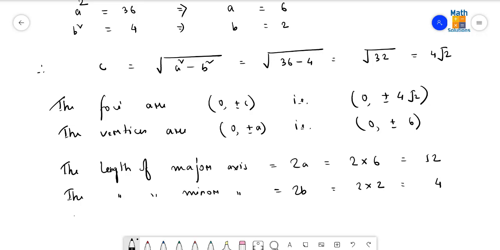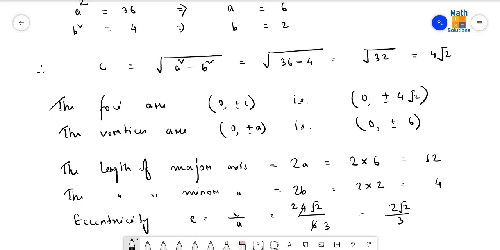Then eccentricity, e is equal to c by a. In place of c, we shall be writing 4 root 2, a is 6. Let us do cancellation, it is 2 root 2 by 3.